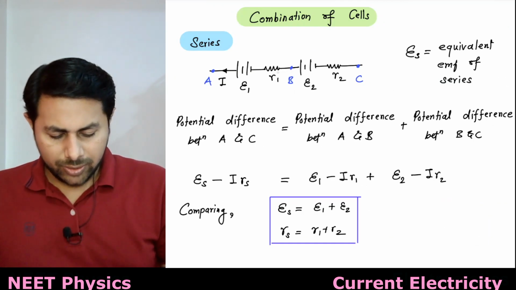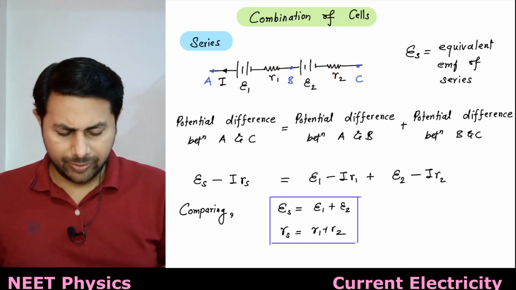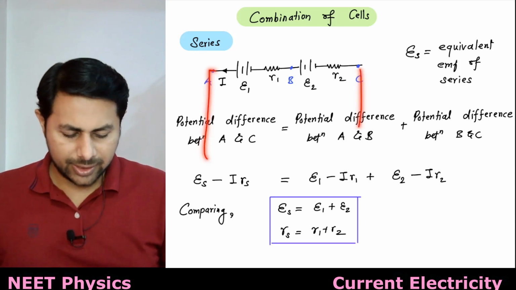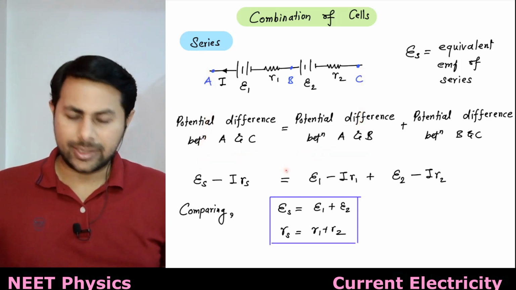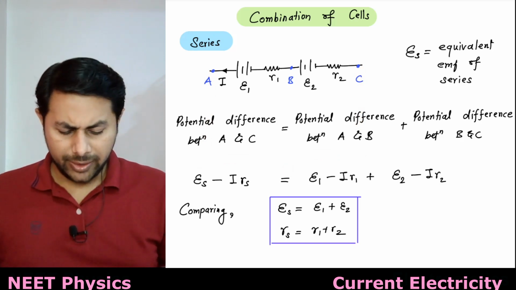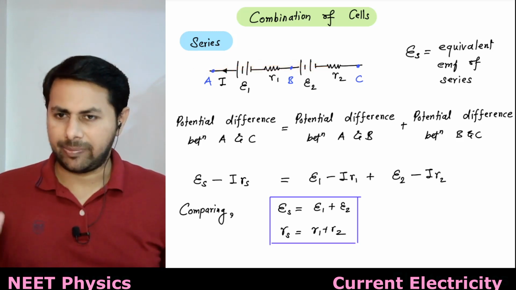So here you have connected two cells between these 2 points, and this combination is connected to some external resistance, suppose. So some current will flow. Suppose the current is I, and because they are connected in series, the current will be the same.